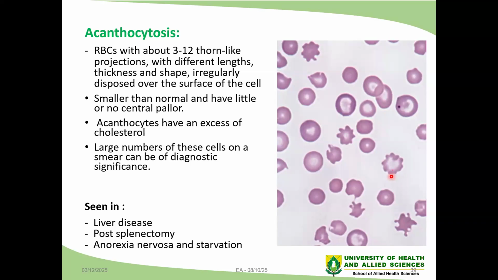And so assuming you see a few acanthocytes in the blood film, you can ask the patient whether the patient has not eaten anything that whole day. And you'll be surprised to know that, okay, it's true, the patient hasn't eaten. And when you don't eat, your body will find ways and means to get energy.